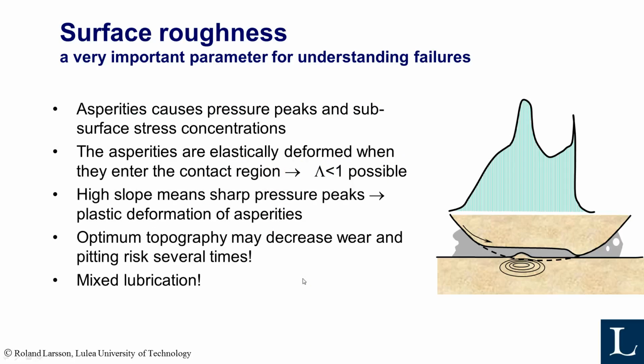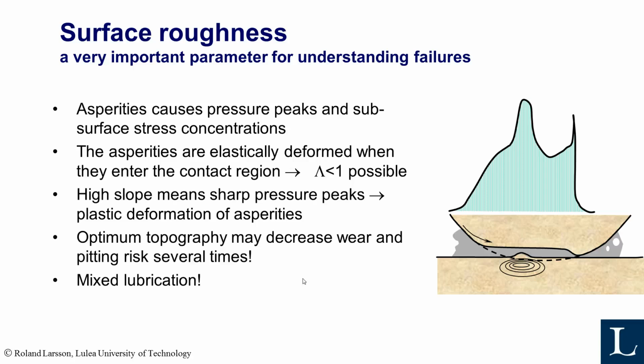As you may understand, surface roughness is a very important factor in lubrication, since the height of asperities is often in the same order of magnitude as the thickness of the film, or actually the asperities are very often higher than the film thickness.